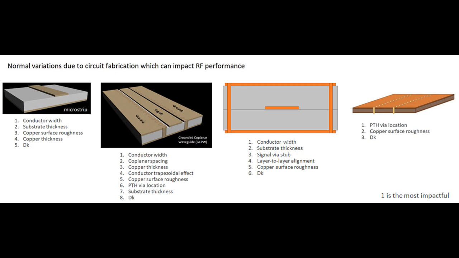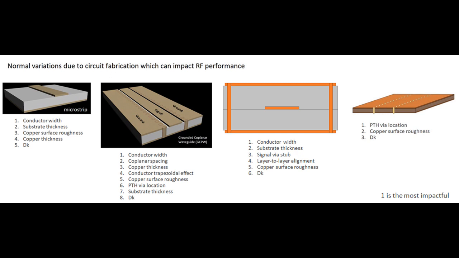So the first 3, conductor width, conductor spacing, and the copper thickness, are really the biggest issues for grounded coplanar waveguide. Now, at lower frequency, this may not be an issue, but at millimeter wave frequency, I've seen these first 3 topics be a very problematic issue on numerous occasions.